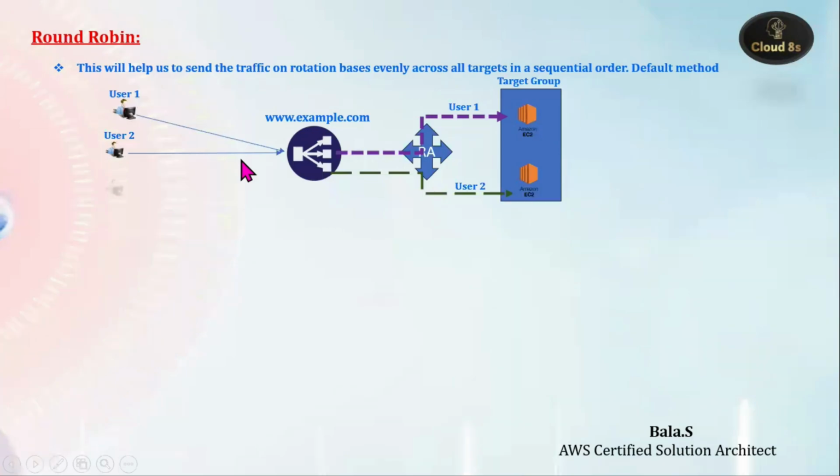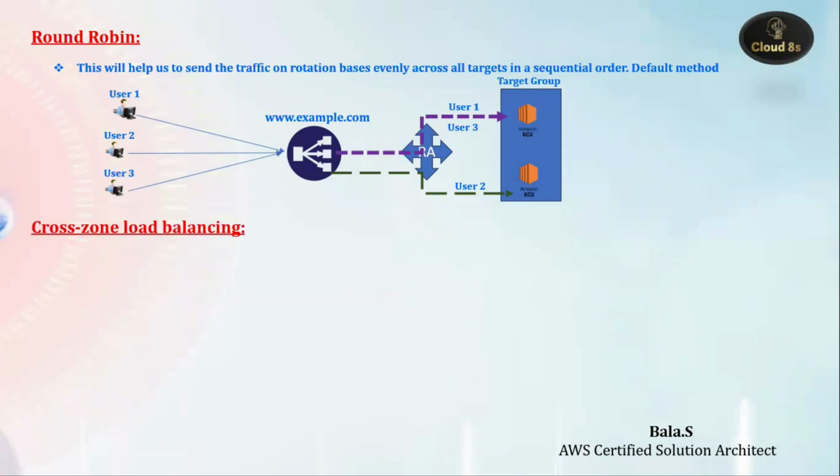If user three tries to connect to the load balancer, the routing algorithm will again send the traffic to instance one. So the traffic is sent on a rotation basis. User three will connect to instance one, and user four will connect to instance two. That is the way the traffic is sent across all the targets in sequential order.